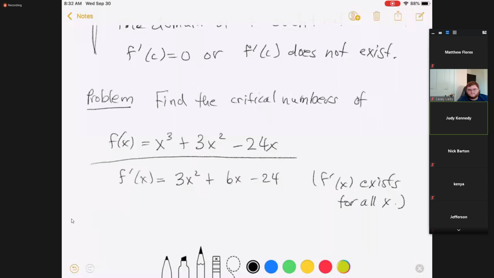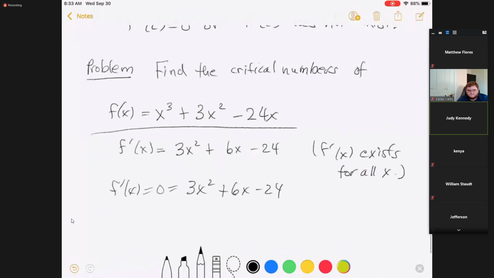Okay, so f prime of x equal to 0 would be 3x squared plus 6x minus 24. All right, well, that's a quadratic equation.